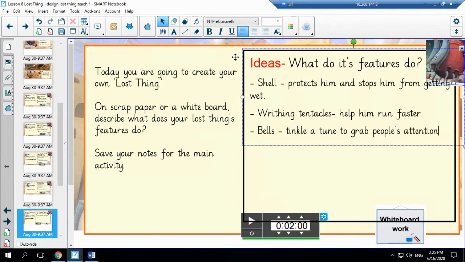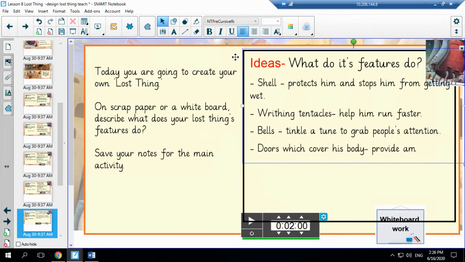Now remember, Year 5, you can use your ideas from last week. I know you were looking at the character of the lost thing, but you can also steal some ideas from last week's work. So doors, which cover his body, they provide ample storage, so you can store lots of things in all those doors.